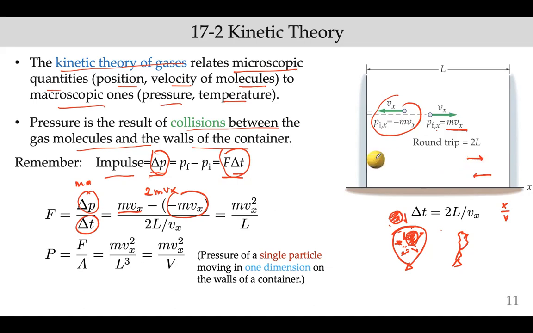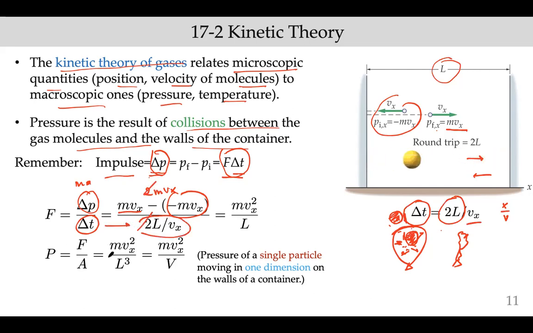Okay, so for one full motion, it's going back and forth. What is the distance that it goes back and forth? It's 2L, so L times 2. And if you divide it by the speed, you find the time that's required for one full bouncing back and forth. And if you write it here in the denominator, that's the time.